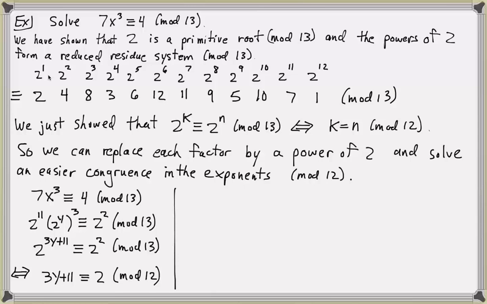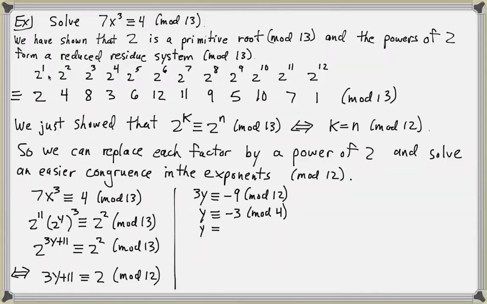So let's solve 3y plus 11 is congruent to 2 mod 12. If I subtract 11 from both sides, I get that 3y is congruent to negative 9 mod 12. And I can divide everything by 3, so y is congruent to negative 3. And I have to reduce the modulus by dividing by 3 as well. So y is congruent to negative 3 mod 4.